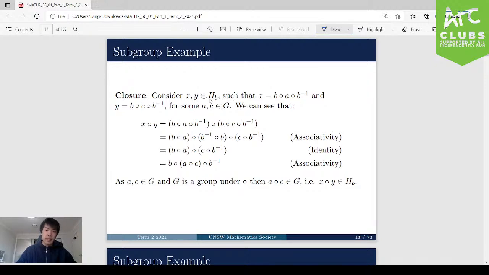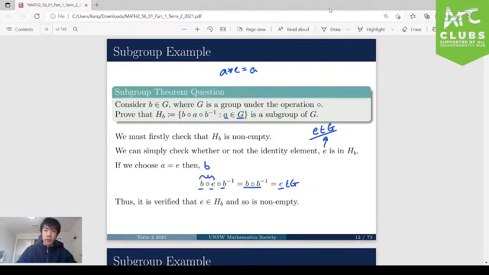So if X is within H, that means that X can be rewritten as B dot A dot B inverse for some A, and Y can be written as B dot C dot B inverse for some C. Right? We're really just using the definition of something being in H here.